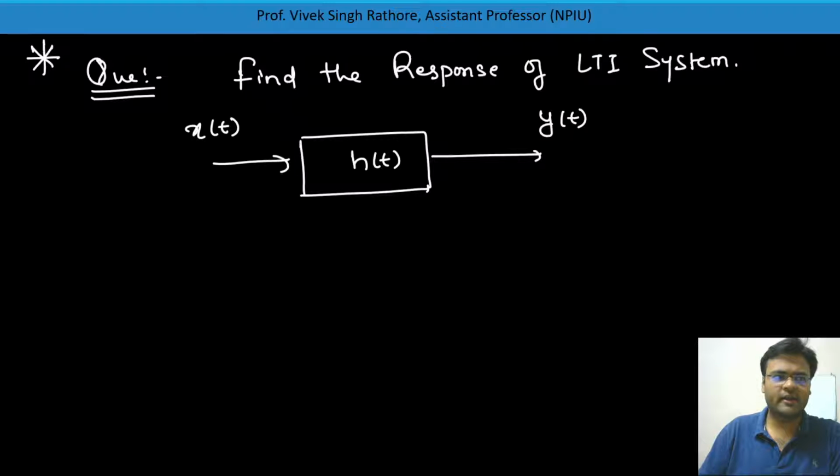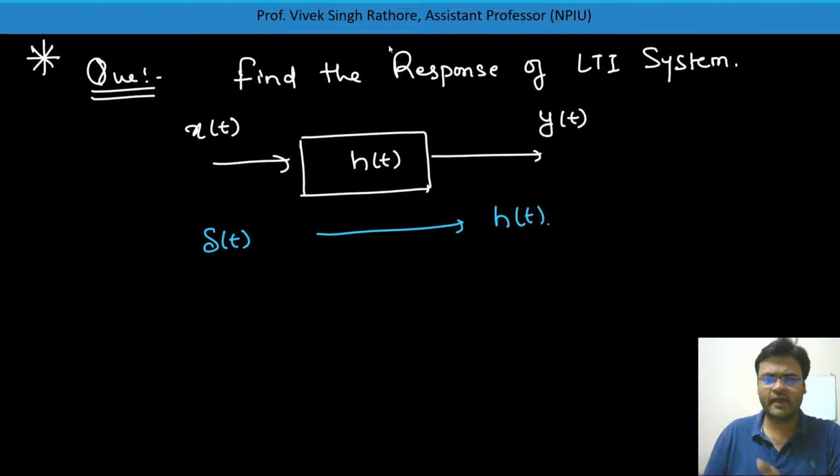Why are we taking h(t) as the system response? Because I told you earlier also, we are giving the input as delta t. When we give input as delta t, this system gives output h(t), and as you know, delta t is the identity signal, so we can put h(t) here. And what is the use of taking the impulse response? I'll just hint at it, because we will deal with it in the Fourier transform.